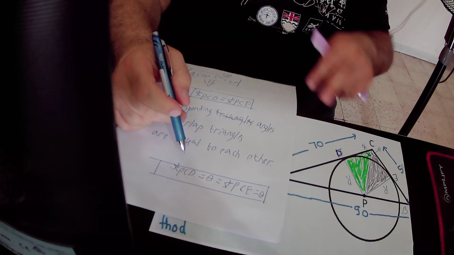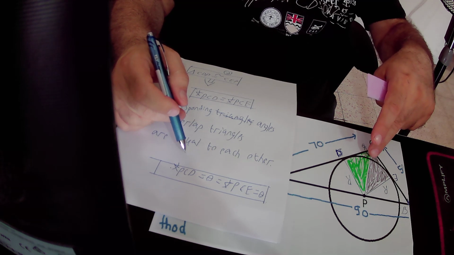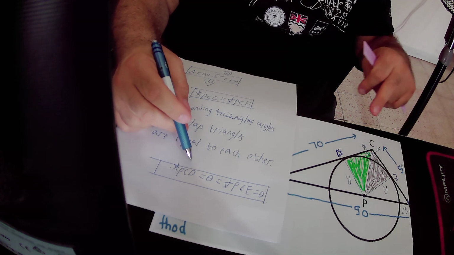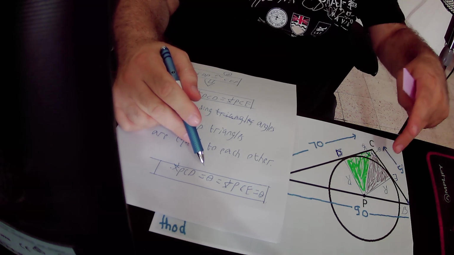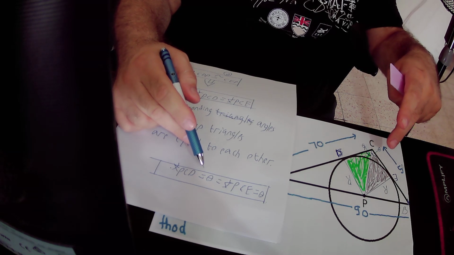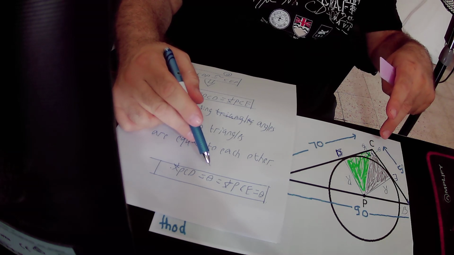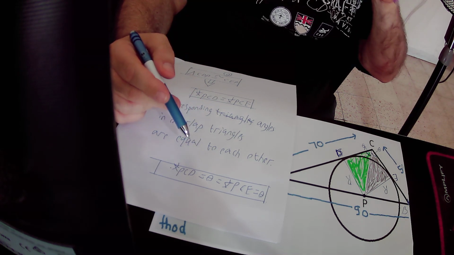Angle PCD in the green triangle equals theta, so angle PCE in the black triangle must also be equal to theta, because those two angles are equal to each other.